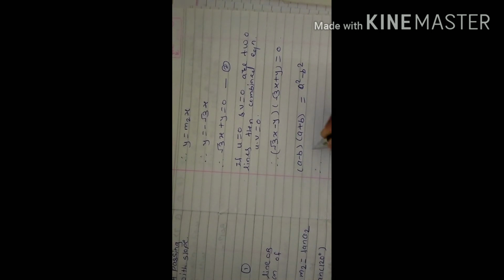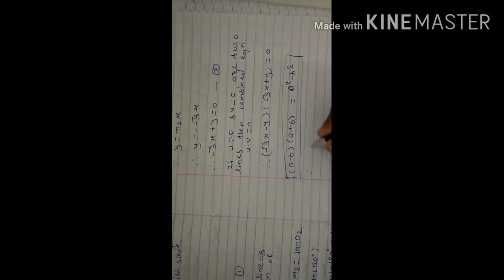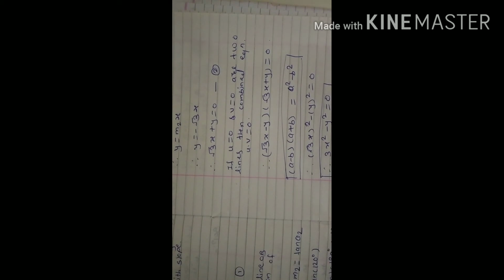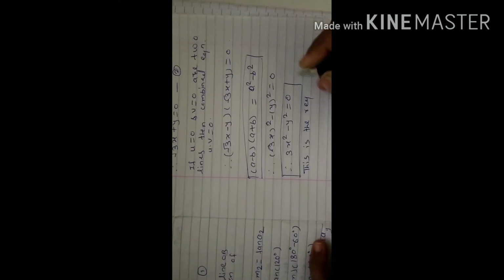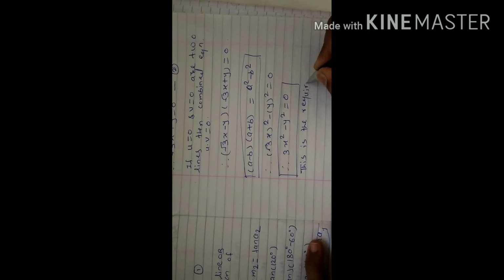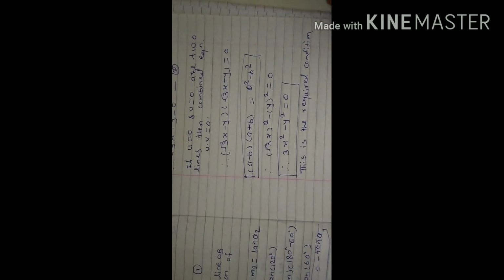In the same way, we write 3x square minus y square is equal to 0. This is the required equation. Okay, we will stop here.